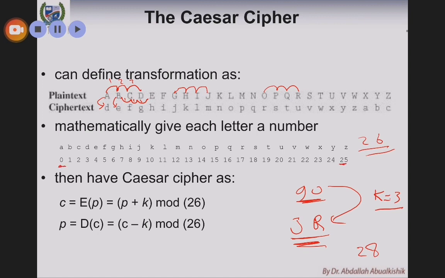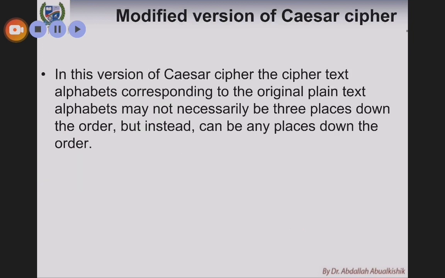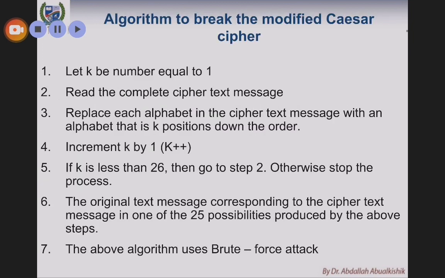So if I say 28, after 25 I should return and say this is 26, 27, and 28. So the 28 will go again from the beginning. You could also start from 1 until 26, and then after that go 27, 28. It depends on the code that you want to deploy.